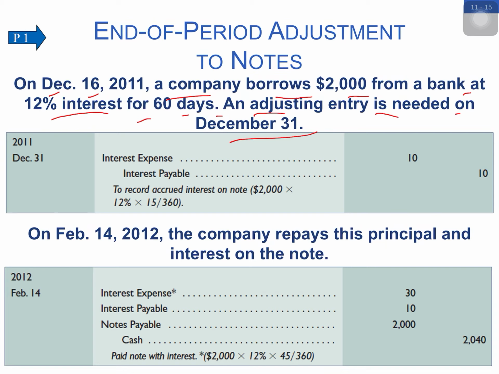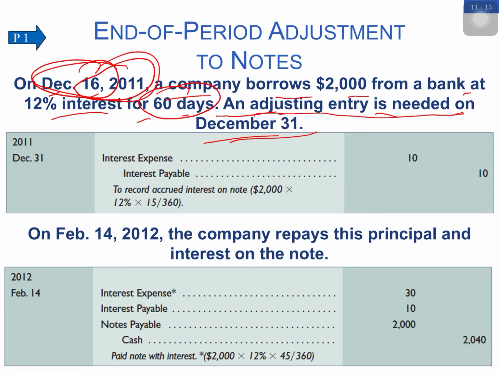Of course, when you borrow the money at this date you have to record it, but we will not cover that in this slide. You need to make an adjusting entry at the end of December. Why? Because 60 days from December 16 will pass the end of the accounting year, the accounting period.